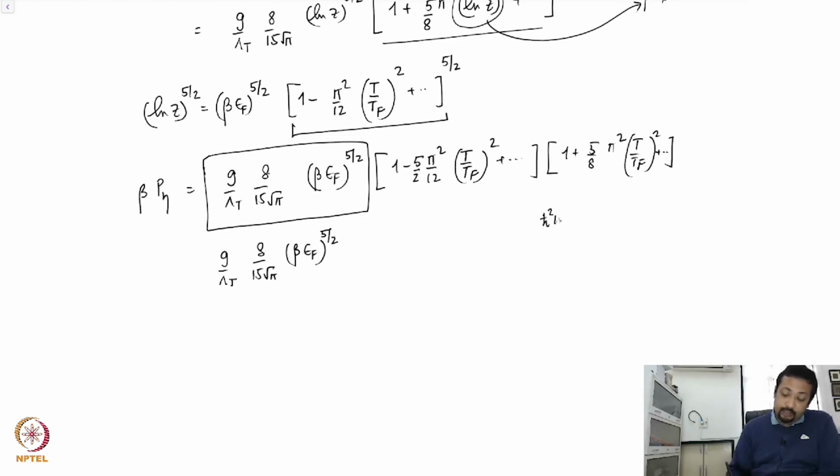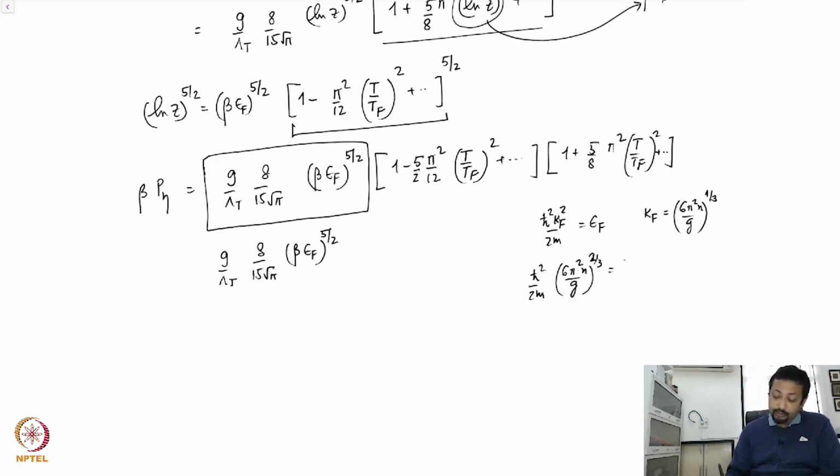Remember, you can always start from this expression, which is your epsilon_F, and your Fermi wave vector k_F is defined as (6 pi squared n over g) raised to the power 1/3, so that I have h bar squared over 2m, (6 pi squared n over g) raised to the power 1/3, raised to the power 2, is going to be your epsilon_F.